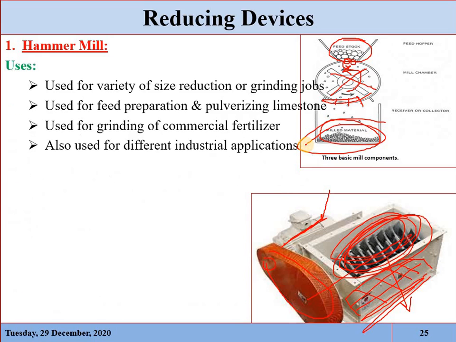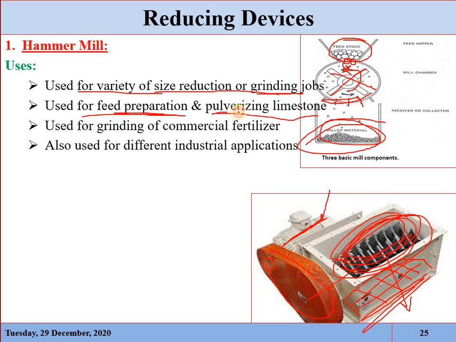The hammer mill is used for a variety of size reduction or grinding. It is used for feed preparation and pulverizing limestone. Sometimes we have large stones and want to reduce their size, so the hammer mill can also be used for that pulverization, meaning converting large stones into small particles.